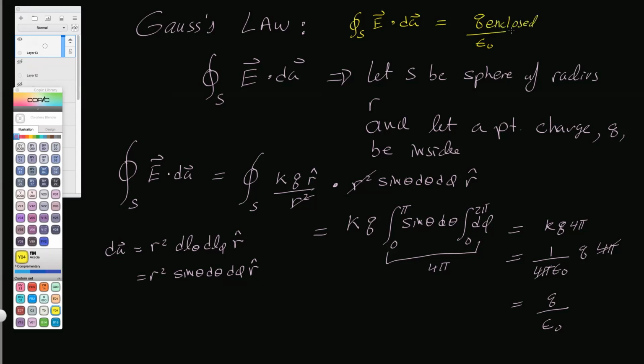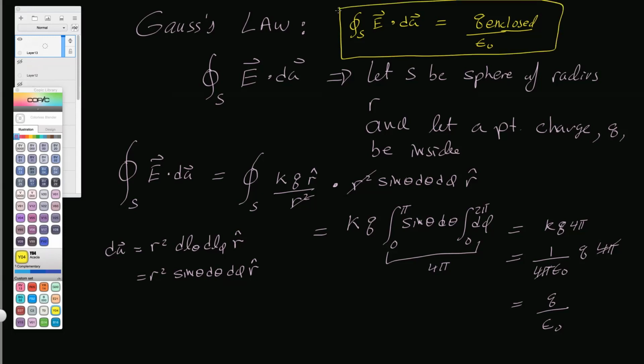There might be 2Q minus Q, and the net would be Q, but those all have to be enclosed. Again, I'm not going to prove that. It's also the flux through the surface, so the total flux through the surface is just Q over epsilon naught for any surface. This is the integral form of Gauss's law.